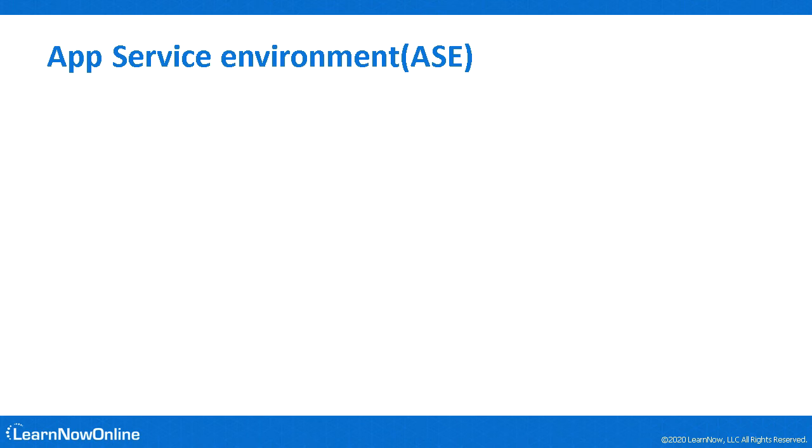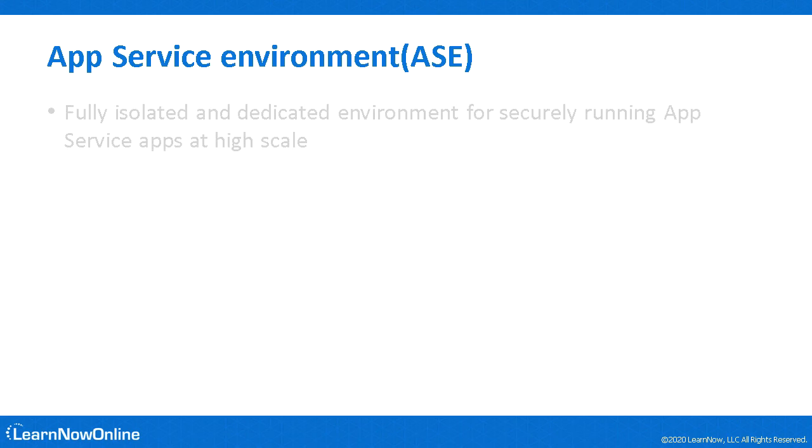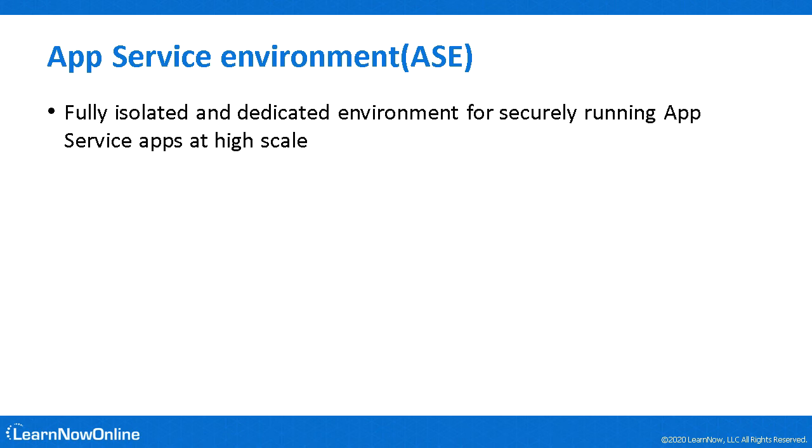Now, if I talk about app service environments, as I mentioned earlier, app service environments are those fully isolated and dedicated environments for securely running your app services at high scale. Now, if you say that you're not happy with the app service plan and the capacity or the compute provided by it is not enough, then the choice you have is to go with app service environments and get higher isolated environments.